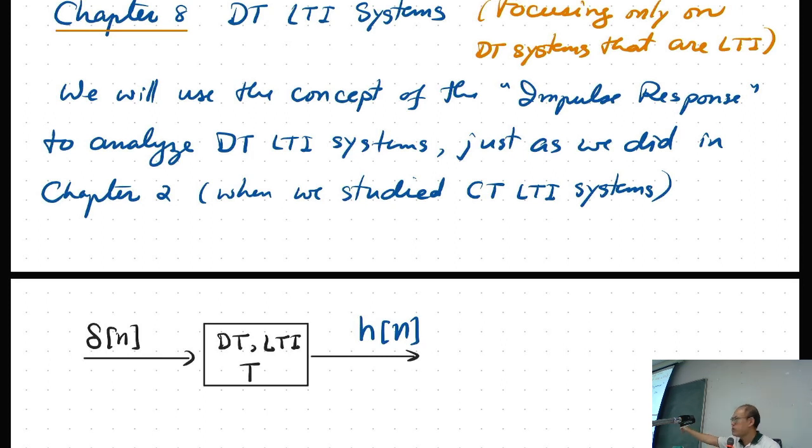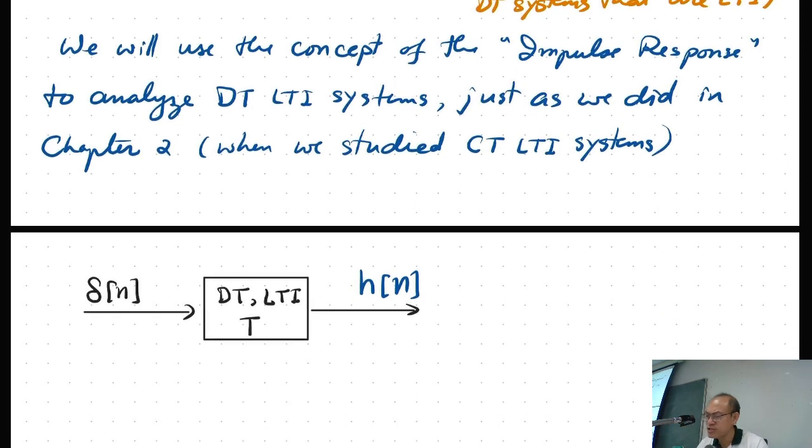But we have to have one additional condition, and that is the system T has to have zero initial conditions, no initial conditions. The way the impulse response is defined is, first, you have to have the input as the unit sample.